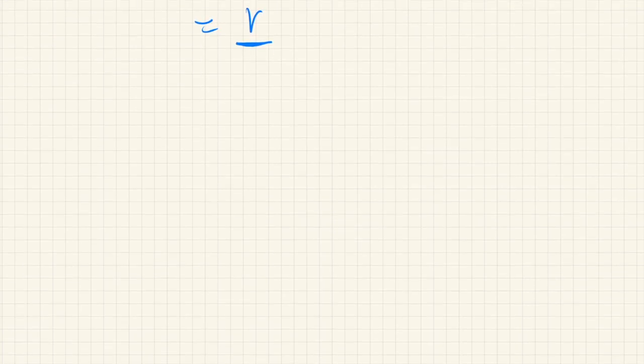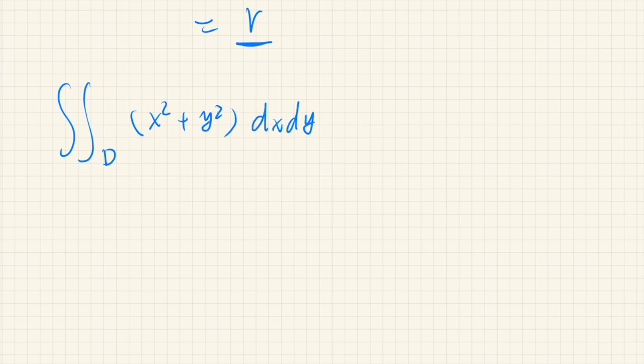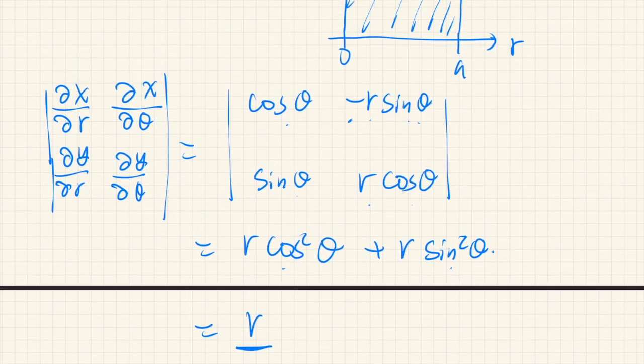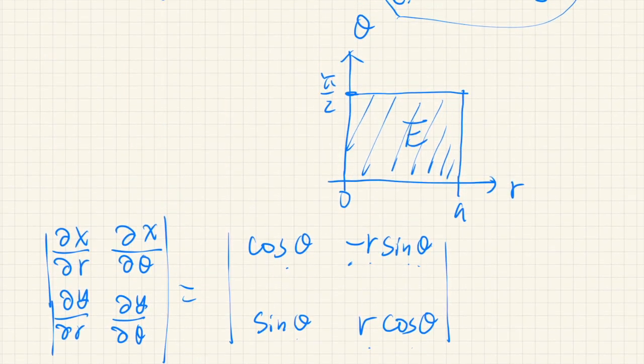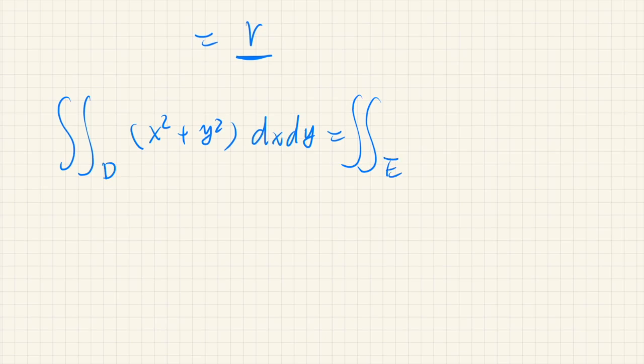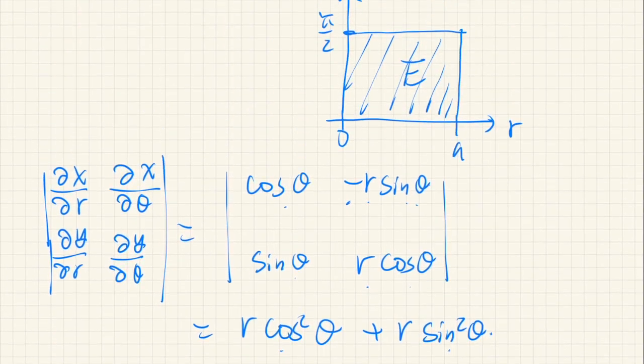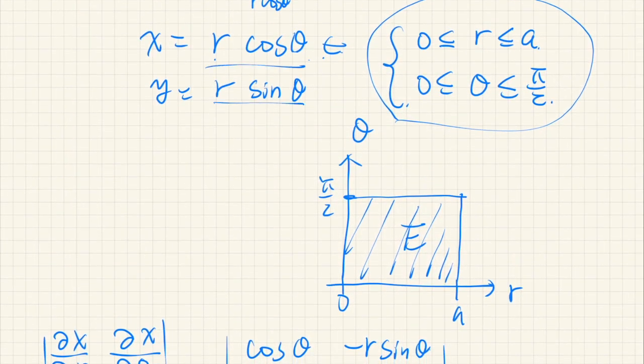Okay, so the integral of x squared plus y squared dx dy, let's call this region E. So x squared plus y squared, by the way, is just r squared, right? So x squared plus y squared is r squared cosine squared theta plus r squared sine squared theta, that is r squared.